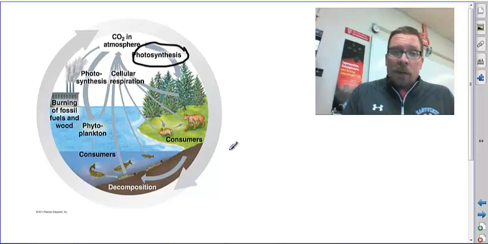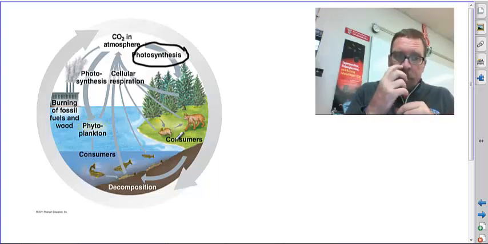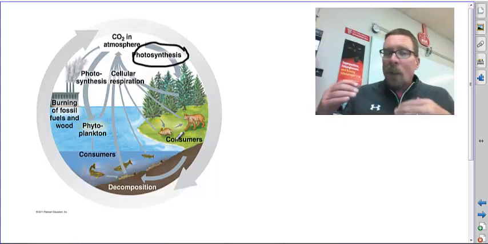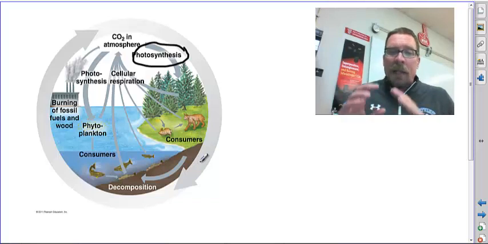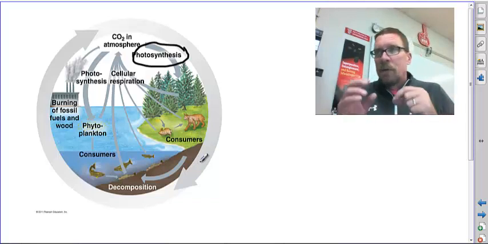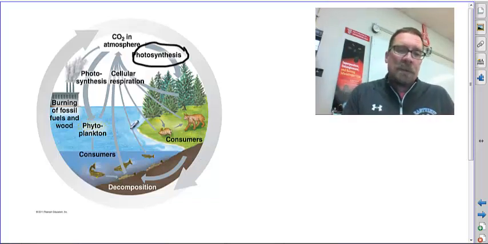And those things, as they eat the plants and stuff, use that carbon readily for structure and stuff. And of course it cycles back into the atmosphere as things decompose from plant and animal biomass, from cellular respiration of some of the phytoplankton and everything else.